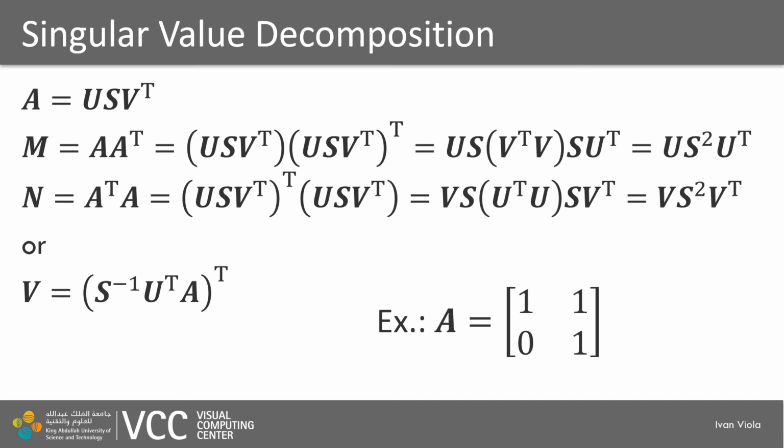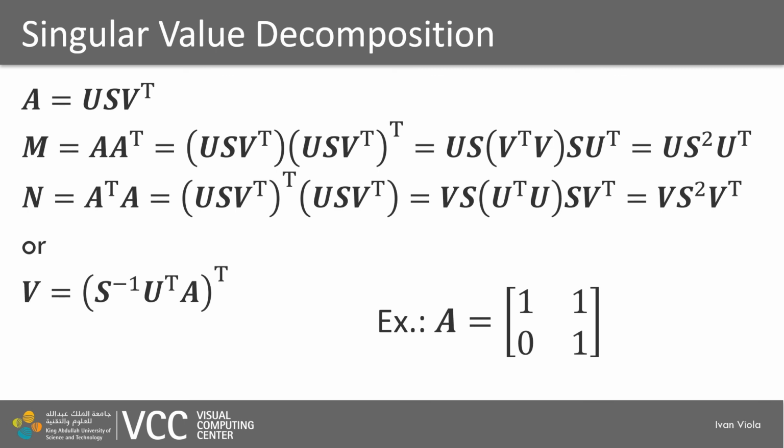We have also, for decomposition of non-symmetric matrices, so matrices which in general do not represent rotation, scaling and inverse rotation, another way of decomposing the square matrix into a set of two orthogonal matrices and, again, a diagonal matrix.